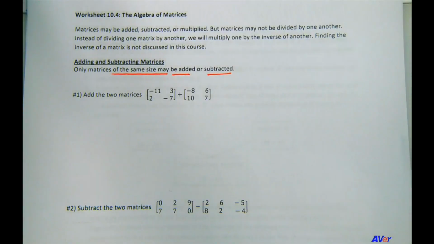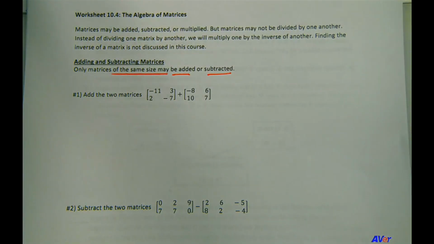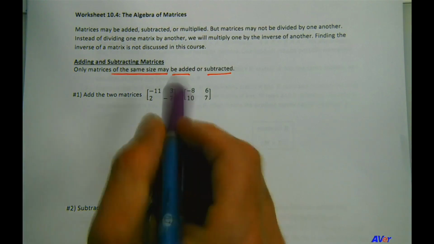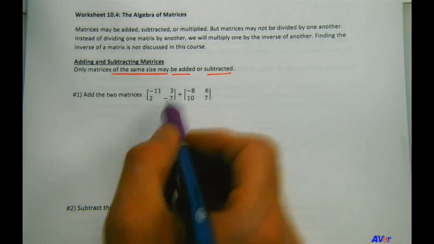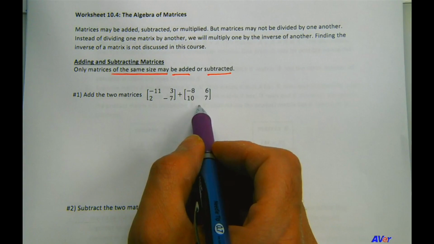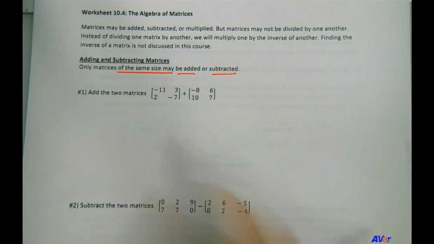And last class we talked about the matrix size or dimension, right? The size or dimension of a matrix is the number of rows times the number of columns. So for example, this matrix is a 2 by 2 matrix. It has 2 rows and 2 columns.